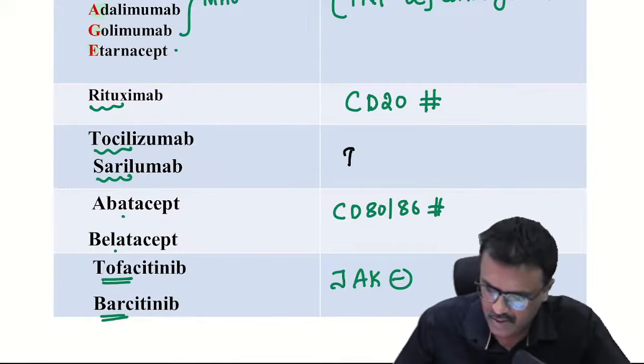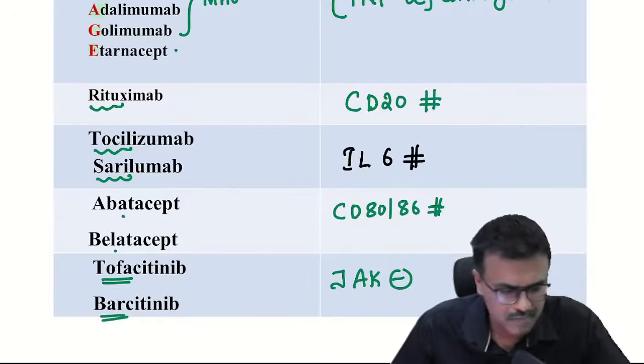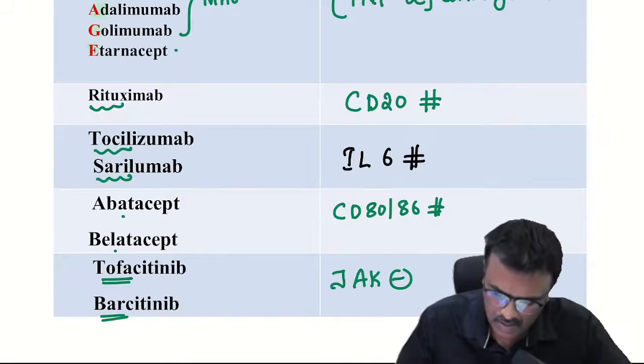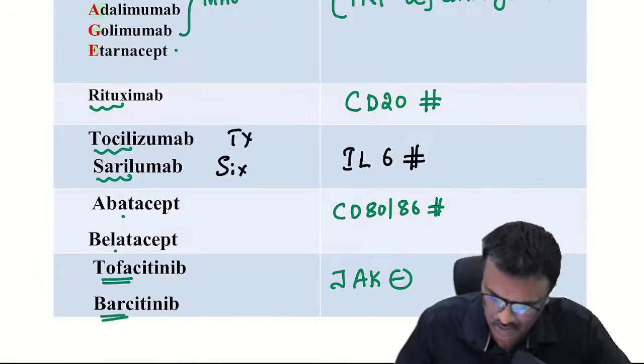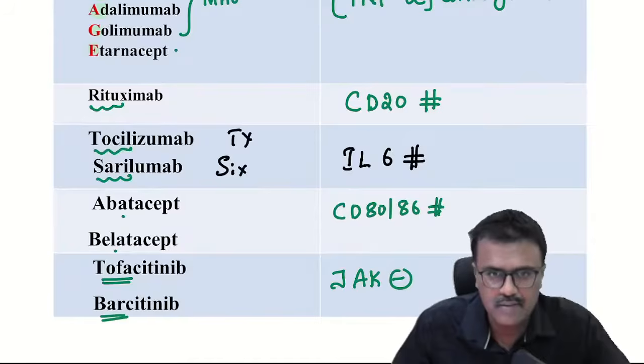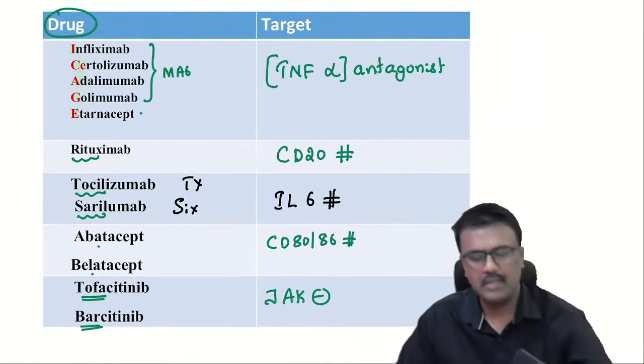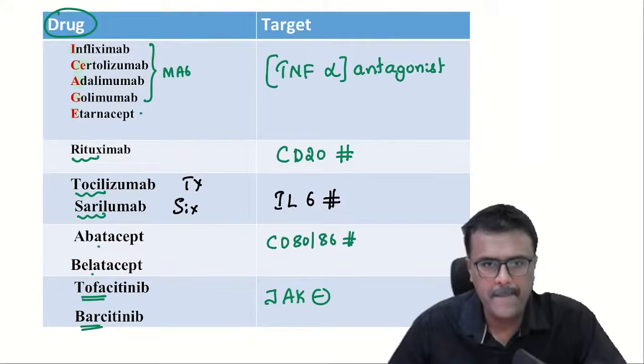They are interleukin 6 antagonists. Yes, very good. It's okay, you tried your best. Interleukin 6. Remember the mnemonic: 6T. Six for sarilumab and tocilizumab, because they keep on asking these targets.